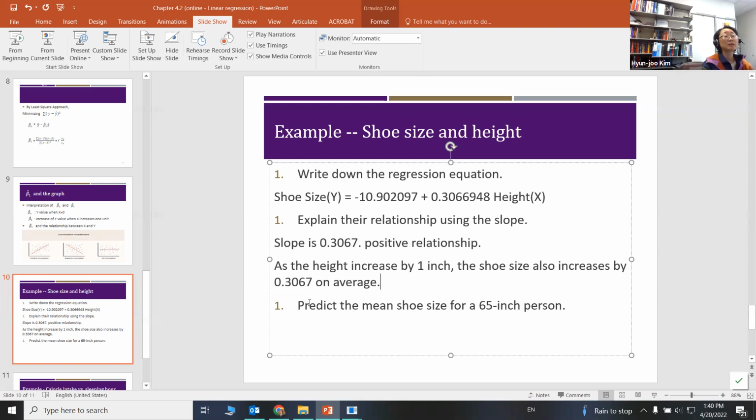And then predict the mean shoe size for a 65-inch person. So how would you do that? Oh, by the way, this needs to be y hat.